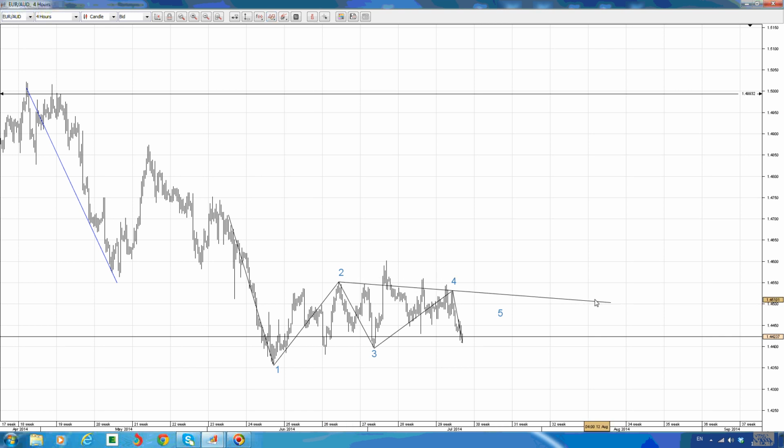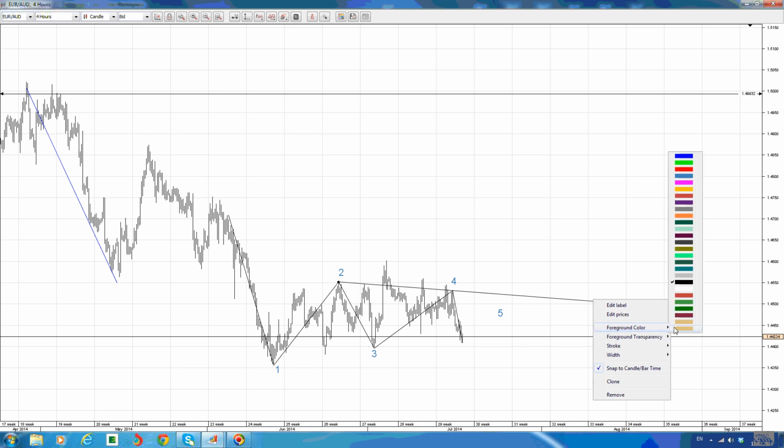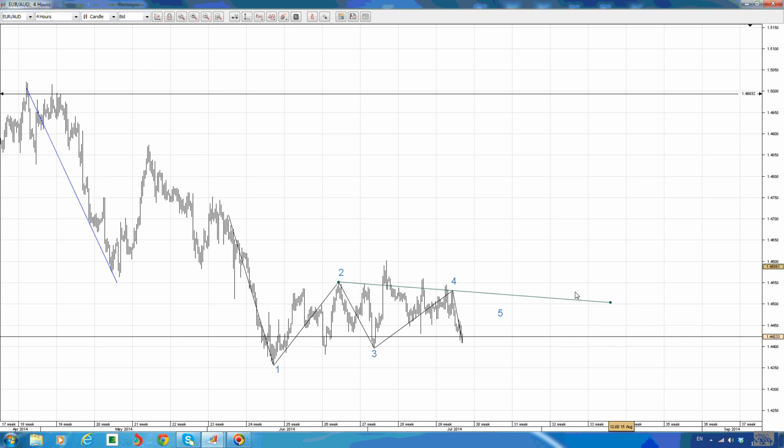The 2 to 4 trend line that is about to be broken would be a solid level for going and buying call options, because from that moment on, the market will only look to the upside on the euro and Australian dollar pair. It is mandatory to look for the invalidation. Now if the market goes below the lows here at 1.44, it's only 23 pips, then this whole scenario falls apart. But other than that, it is 1, 2, 3, 4, 5 and the market breaking higher.